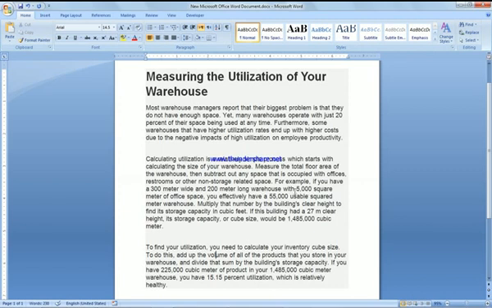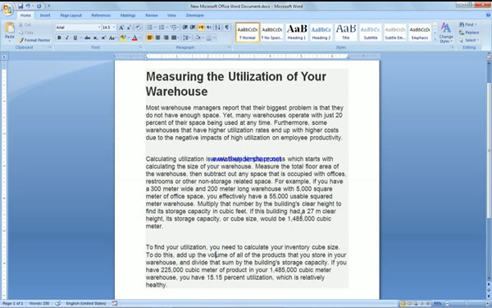Once you multiply this number by the clear height to find the storage capacity, if we have a height of 27 meters, which is extremely high, this comes up to 1,485,000 cubic meter. Since the numbers are not very reasonable, we will say 1,485.